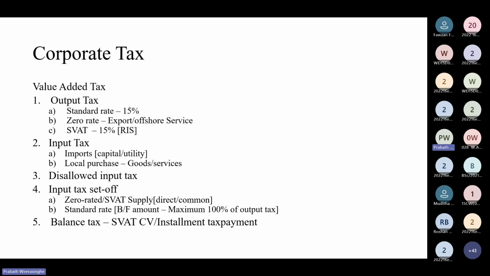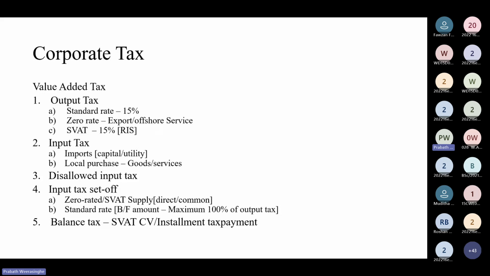And asset supply: in case of the RIS, we are making a supply to RIP. That is also subject to tax, just like a standard rate supply. But we are not collecting the VAT amount in cash. Therefore, we are disclosing the VAT liability and we are entitled to get a tax credit under the tax payment, which is asset credit closure, equal to the VAT amount on the asset supply. Keep that in mind. Then input tax, it could be imports.